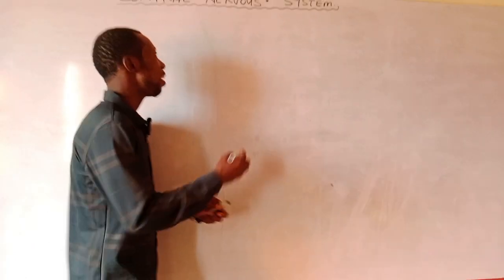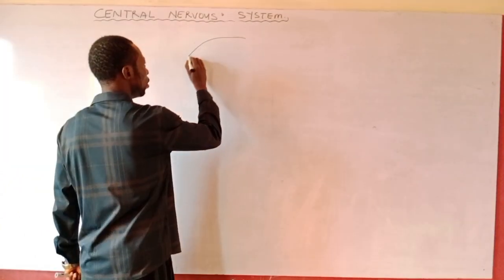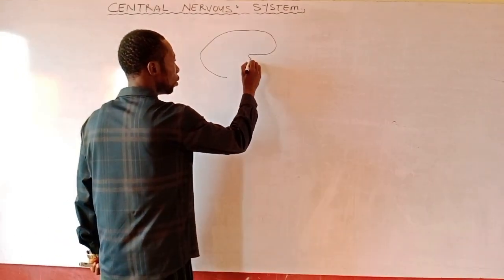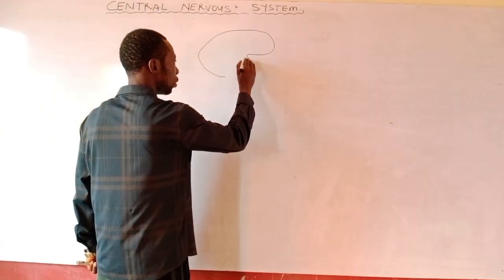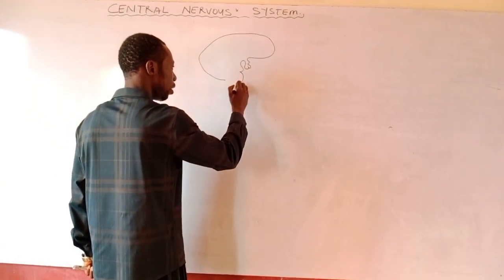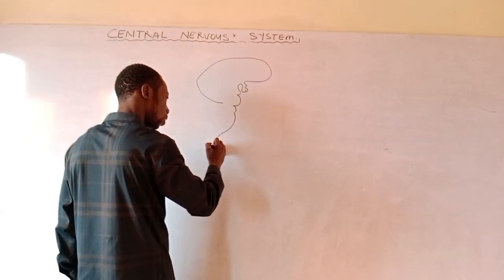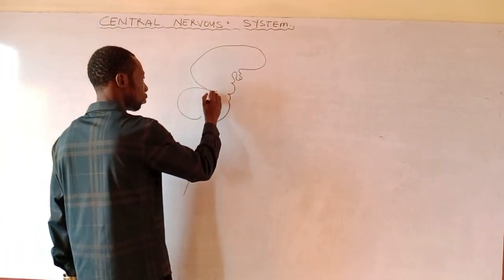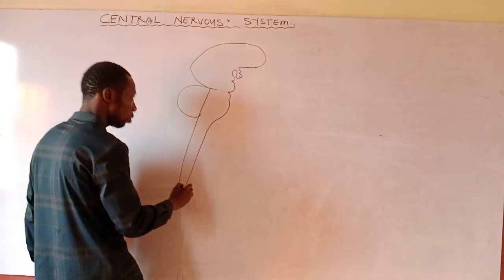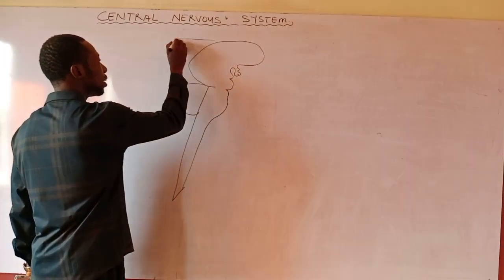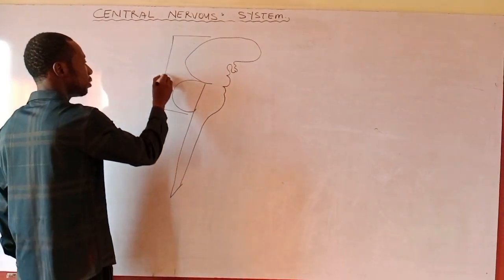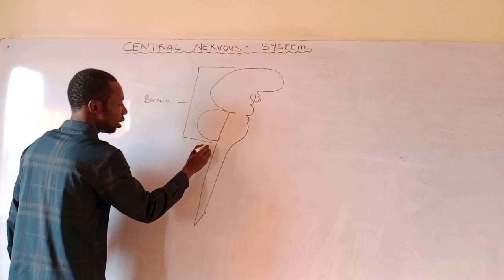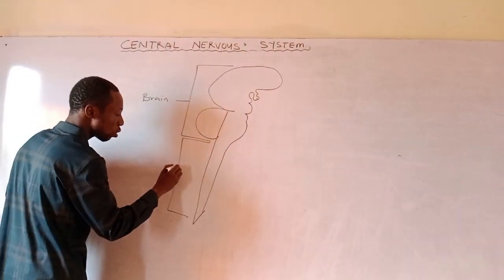Now we have the brain. This is the brain, and this is the spinal cord.